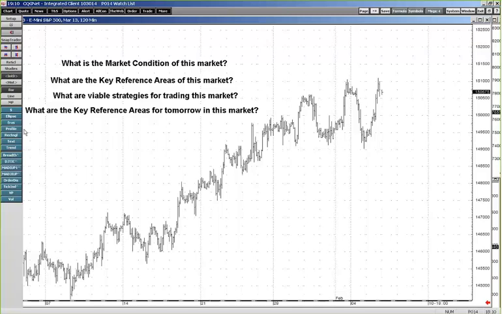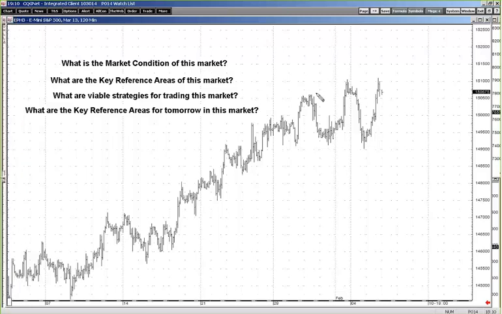What I'm trying to teach you here is how to view and understand the market. If you understand it first, then learning how to trade it becomes easier. I'm not going to tell you it's easy, because there are other things involved, but this is the heavy lifting part of learning to trade: learning the market.